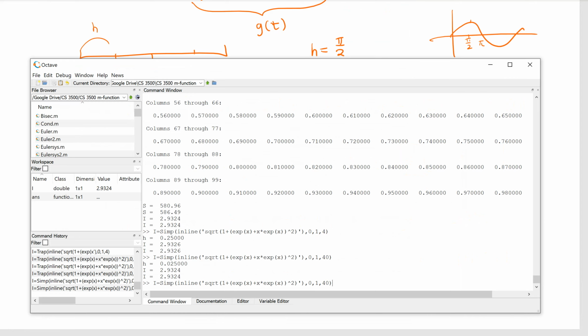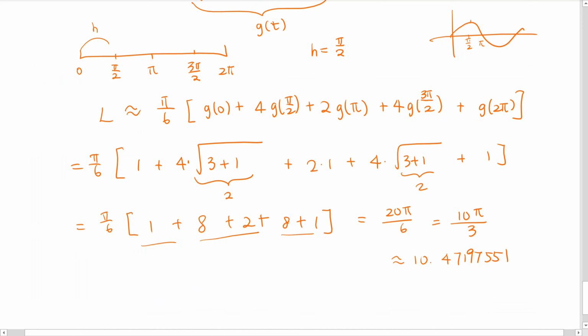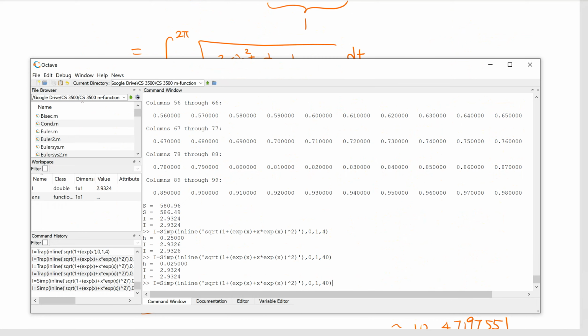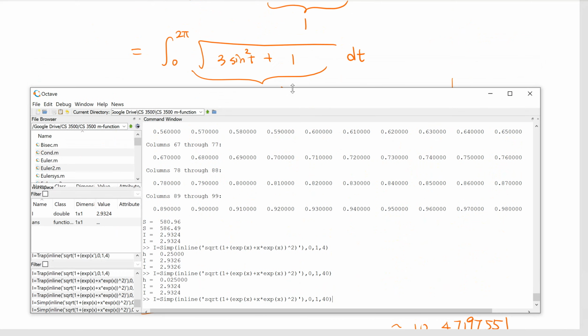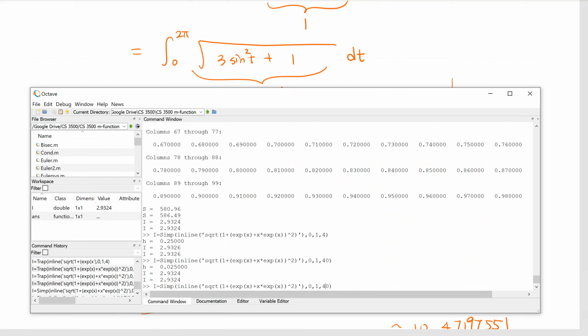Okay, let's do it here. So Simpson's method and our function. What is our function? The square root of 3 times sine of t squared plus 1, from 0 to 2 times pi.